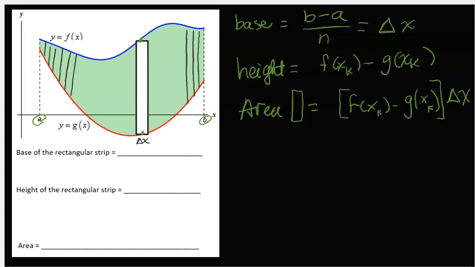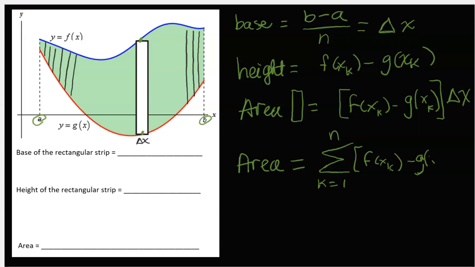So the total area of that shape is going to be, and you've seen this before, the sum from k equals 1 to n of all of these rectangles. So f of x sub k minus g of x sub k multiplied by delta x.